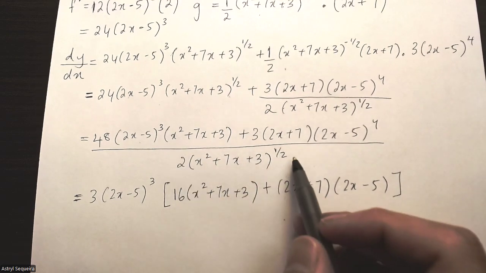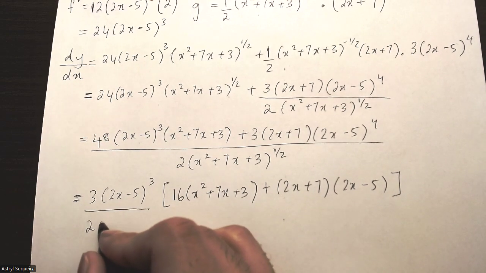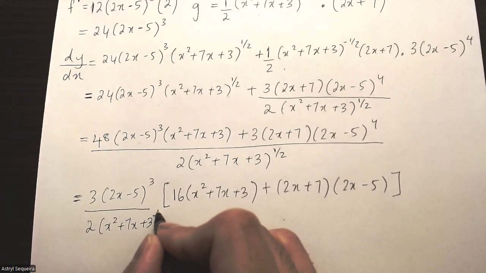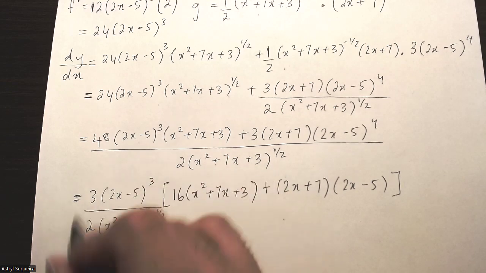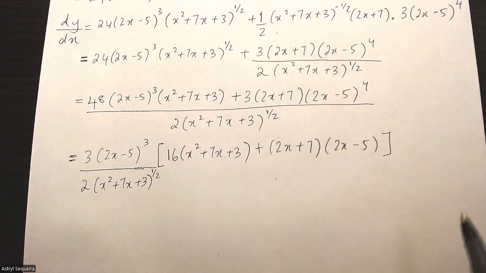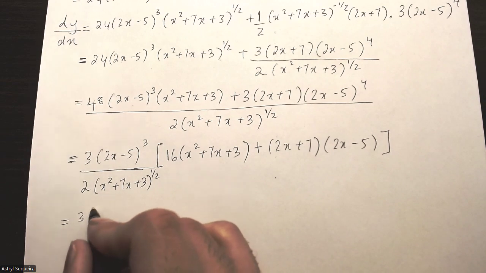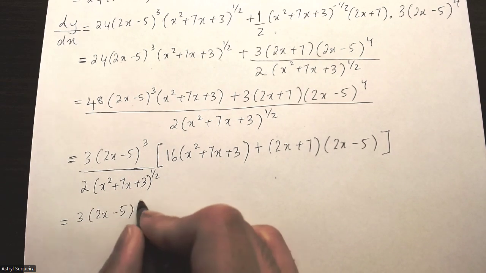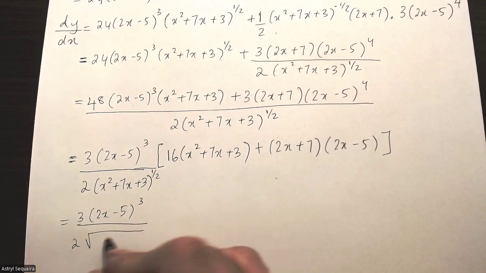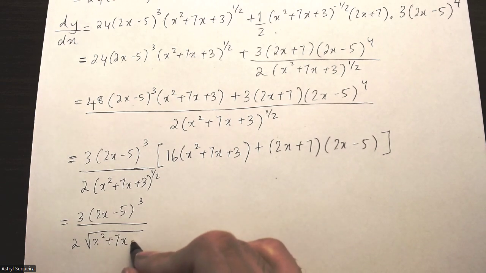And if I have a common denominator, I can just common factor that all out. So this is just 2 and then x squared plus 7x plus 3 to the power of half. So this is my common factor, and that's what's left inside. I just have to simplify the inside here, and then I'll be done with the solution. So just write the common factor the exact same to begin with. You can also change this now to a square root if your teacher does not allow exponents to the half in your final solution.